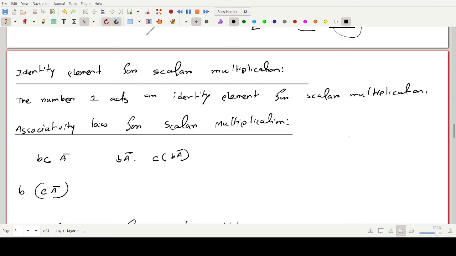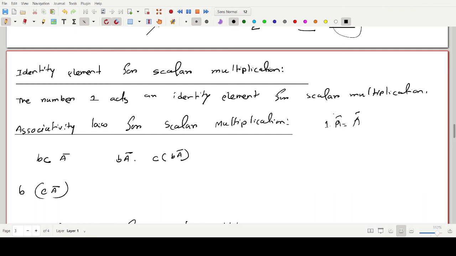For scalar multiplication, if you multiply any vector by 1, then you will get the same vector. That is why 1 is the identity element for scalar multiplication.